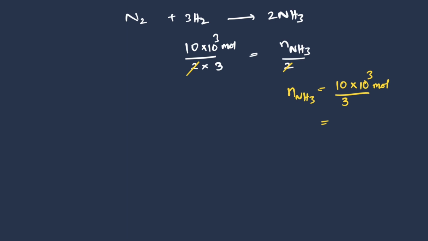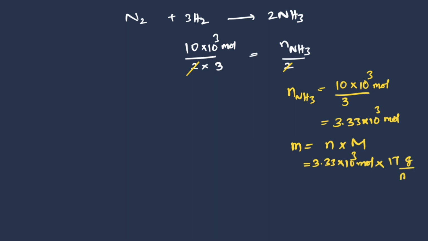with respect to mole, that is called 3.33 into 10 power 3 mole. But the answer we want is in mass. Therefore, mass is equal to mole into molar mass. So we got the mole is 3.33 into 10 power 3 mole into molar mass of ammonia, which is 17 gram per mole.